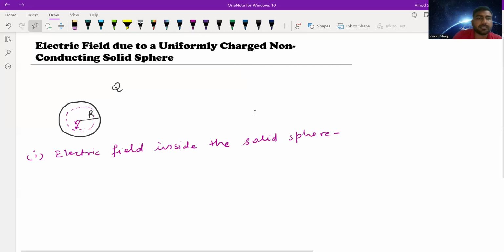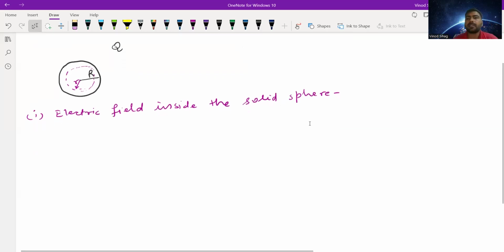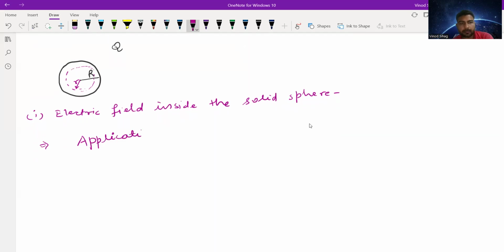What will be the electric field inside the solid sphere? First of all, for that, we have to use the application of Gauss law.